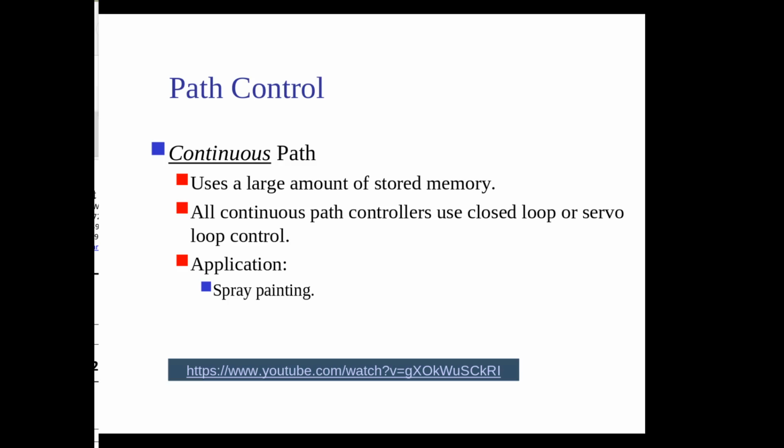And you've got to have very good control with closed loop and servo. We actually need that also with the controlled point to point that we discussed before. It's got very, very good control.